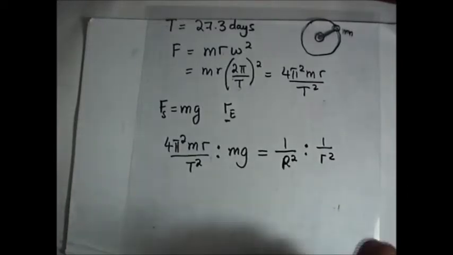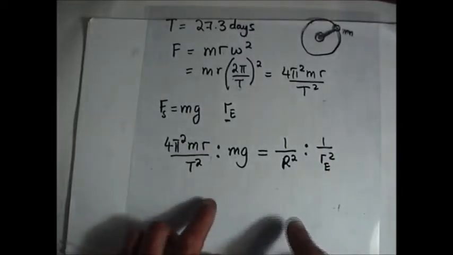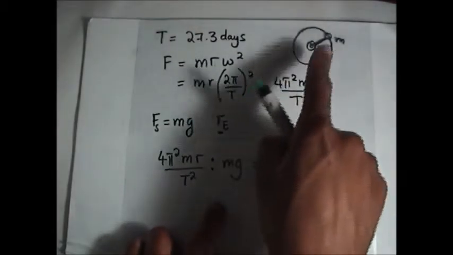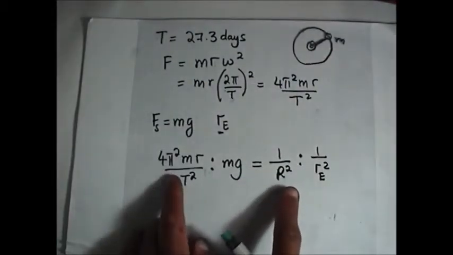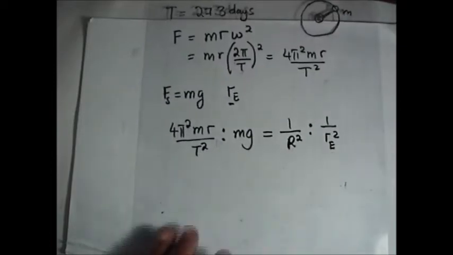This being the radius of the Earth squared, and this being the radius of the orbit, consistent with this force. So that's what he discovered.